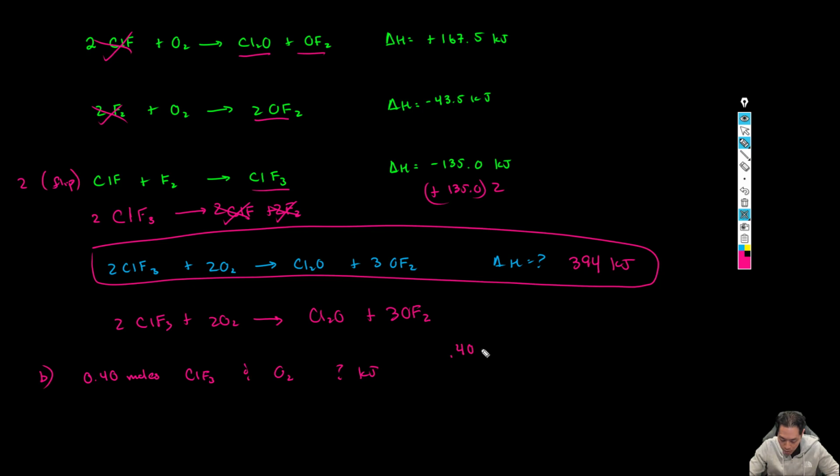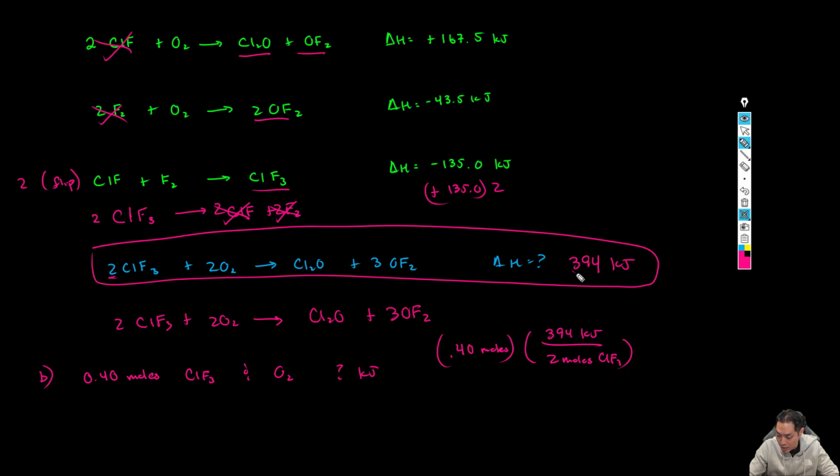And we want to convert it into kilojoules. Here the ratio is 2, right? Every 2 moles of ClF3 is going to give me 394 kilojoules, because of this ratio. So I have 2 to this number.